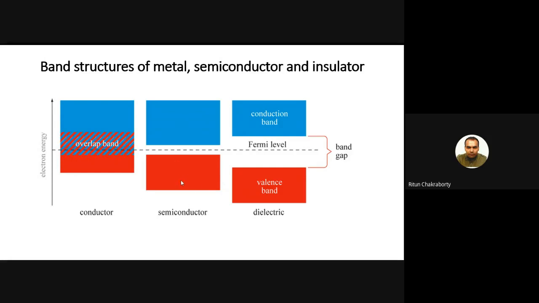Semiconductors become conducting if you supply some heat or energy, so that valence electrons can move from the valence band to the conduction band, and these conduction band electrons can take part in electrical conduction. But in insulators, this gap is so huge that it is very difficult to excite electrons from the valence band to the conduction band. So now you understand more or less the difference between the conductor, semiconductor, and insulator band structures.